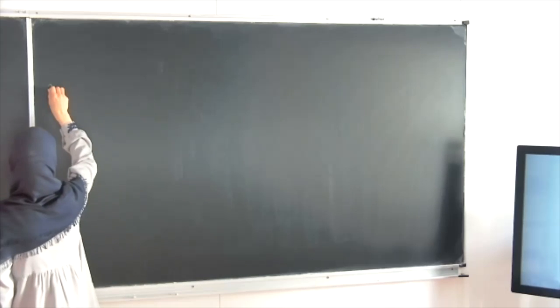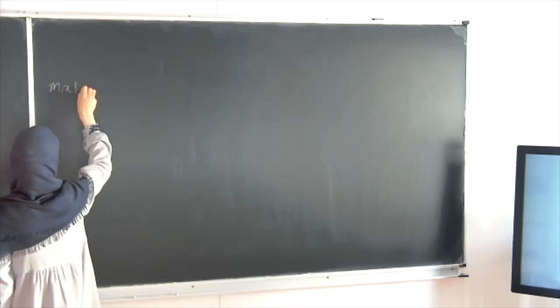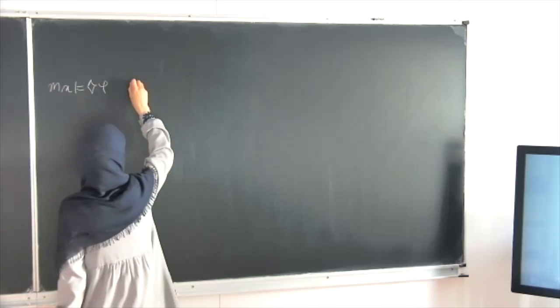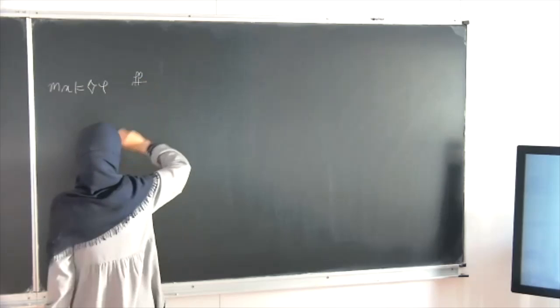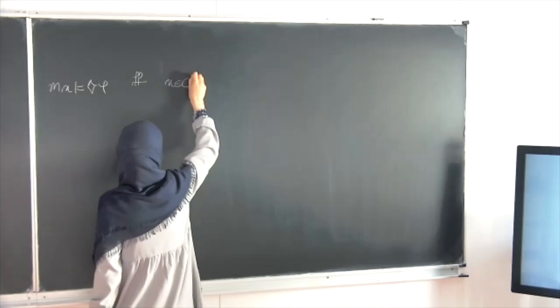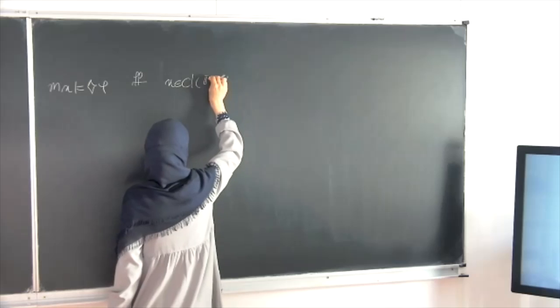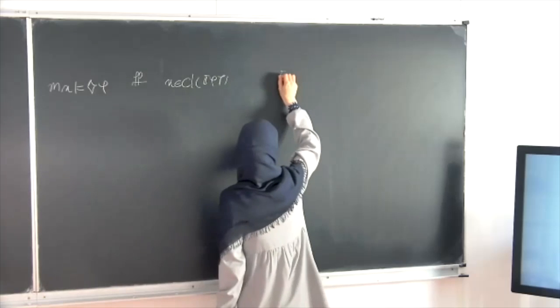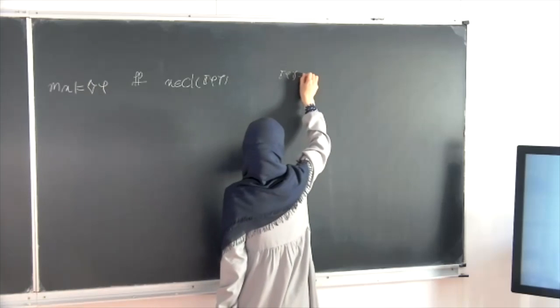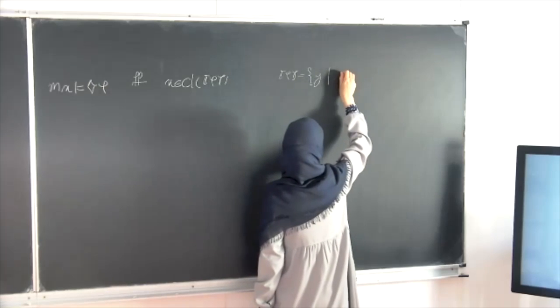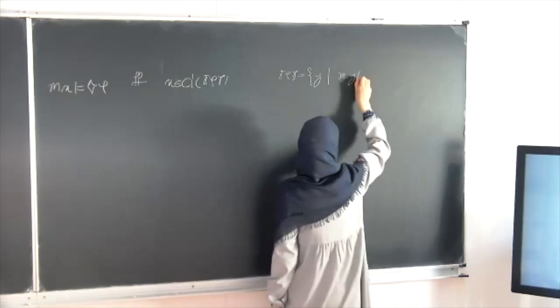So in c-semantics, we have that diamond of phi is true in x if and only if x is in the closure of the set of phi, where this set is the set of all points such that phi is true in them.